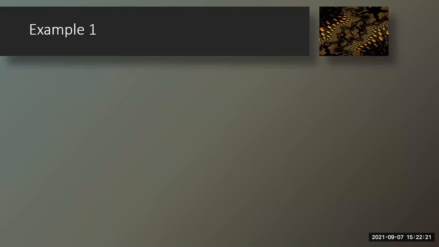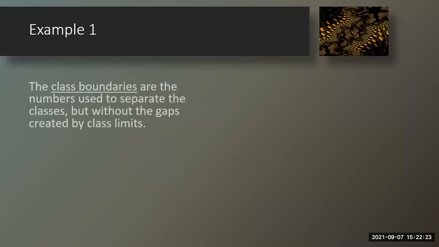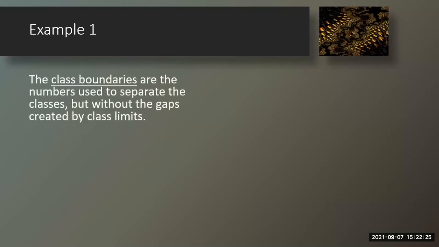A more complicated and subtle notion is the notion of a class boundary. The class boundaries are numbers used to separate the classes, but without the gaps created by class limits. The class boundaries: 74.5, 124.5, 174.5, 224.5, 274.5, and 324.5.